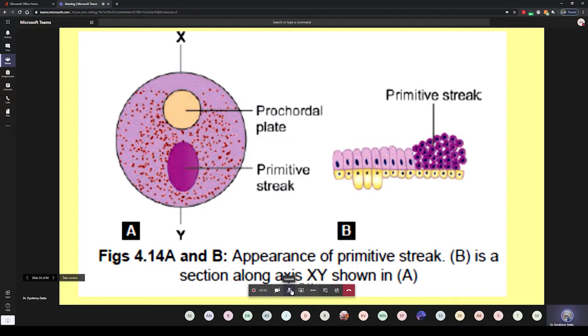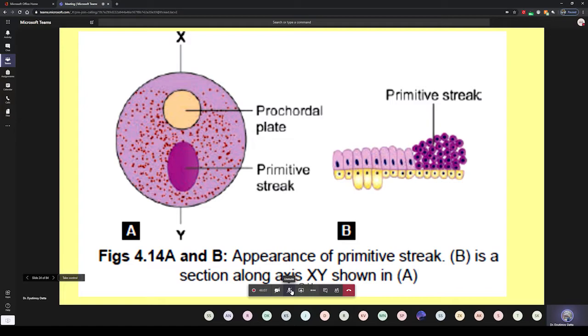Whereas the so-called primitive streak, okay, in the epiblast, you can see the columnar cells are becoming more heterogeneous and they are forming rounded cells in the region of something called the primitive streak. So right now, both the layers are acting, okay, fine.